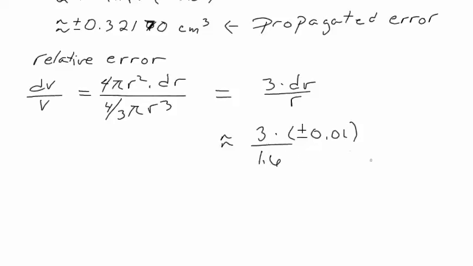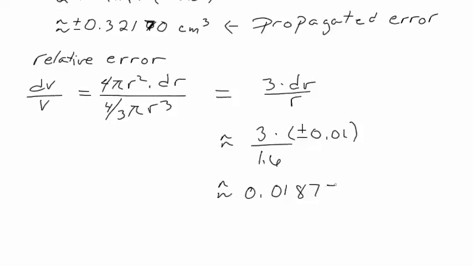And so we'll plug that into the calculator. We got 3 times 0.01 divided by 1.6, and I'm getting approximately 0.01875.